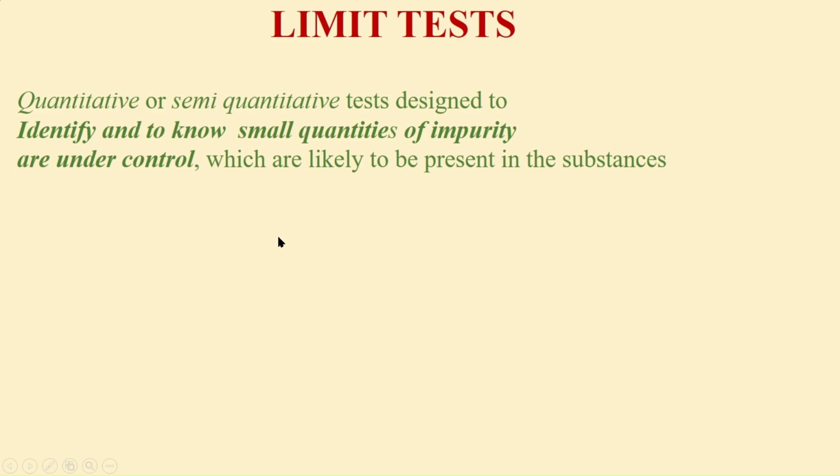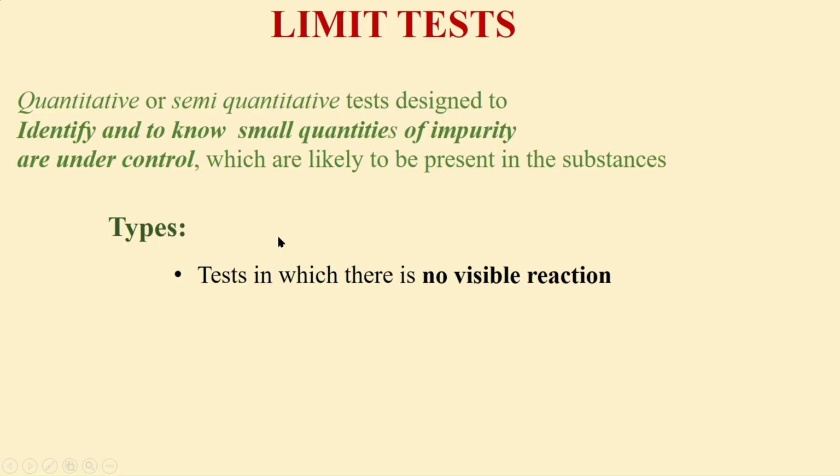These semi-quantitative and quantitative tests fall under three types of tests. First type of tests are those tests in which there is a visible reaction. The impurities present in the molecule, we make it react with certain substances or reagents that we add, and it should produce some indication in the form of a color or in the form of a precipitate.